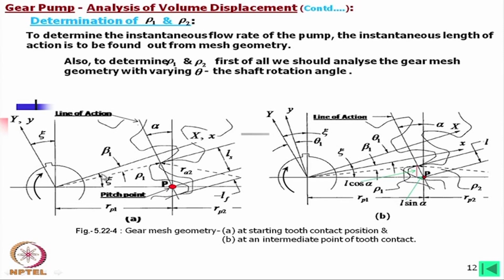Okay. Now, what else is shown here: from the midpoint of a tooth, this is the angle zeta, and beta 1 is the angle from that line to the instantaneous point of contact, and then theta 1 is the angle of rotation. These we have considered, and we have considered two axis systems which I am explaining.